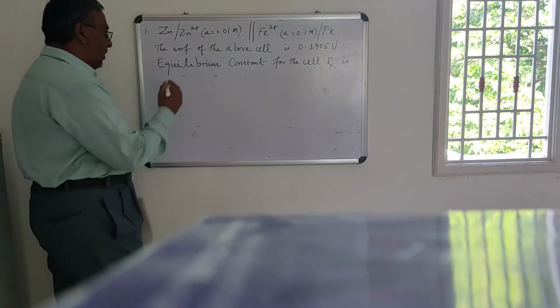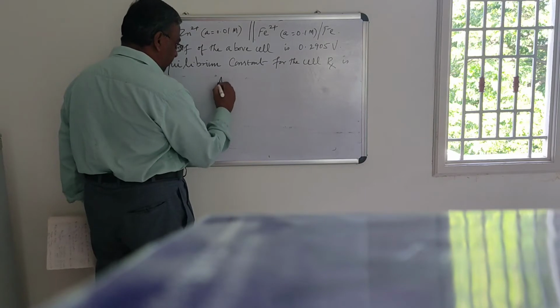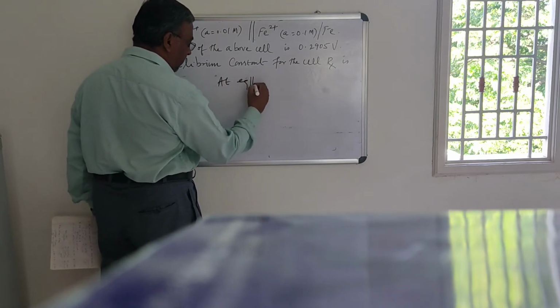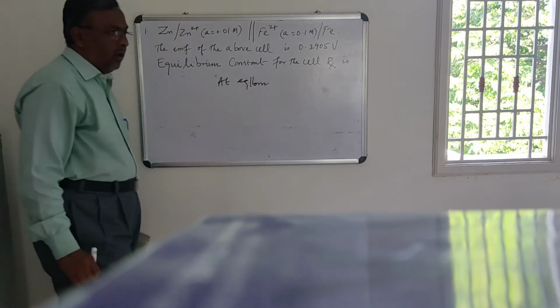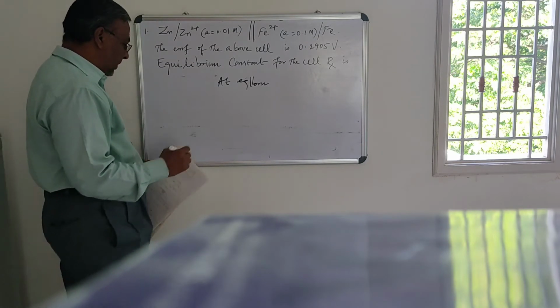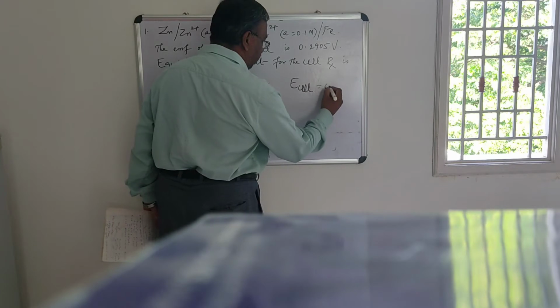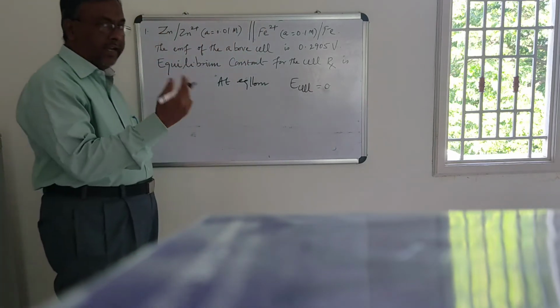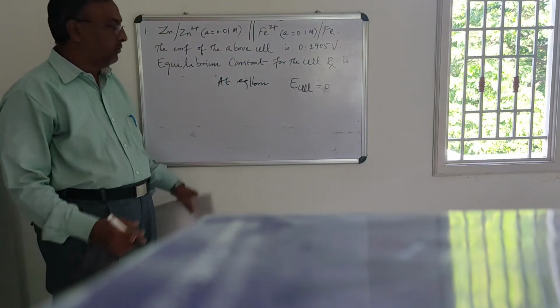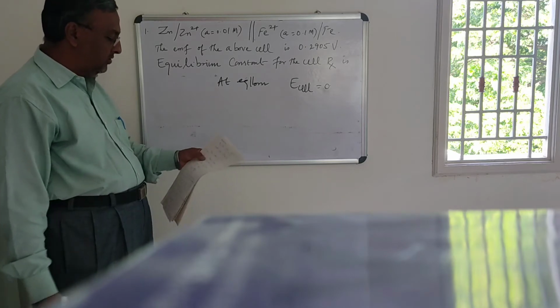See, at equilibrium, remember, at equilibrium, the EMF of a cell is always equal to 0, because reduction equals oxidation. So the EMF of the cell will be equal to 0.